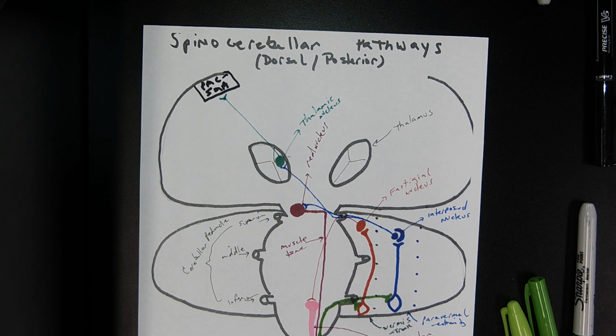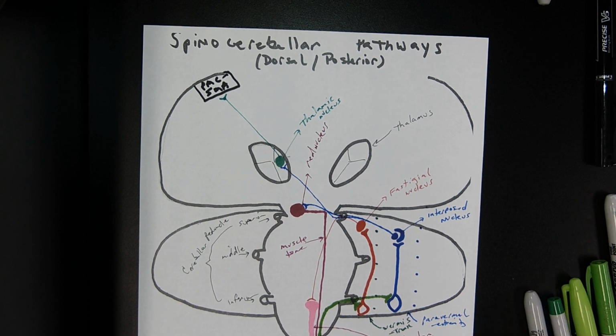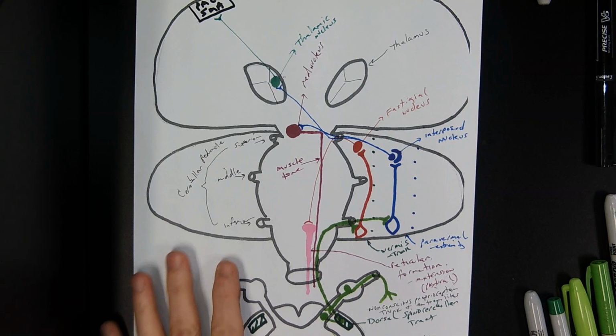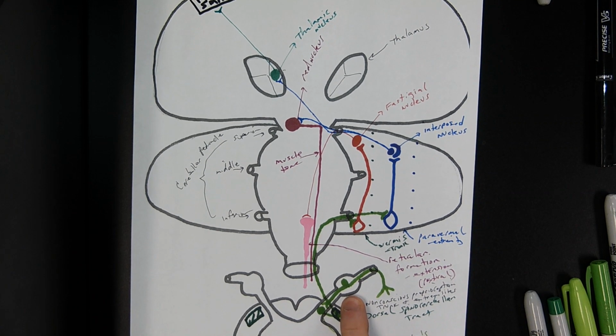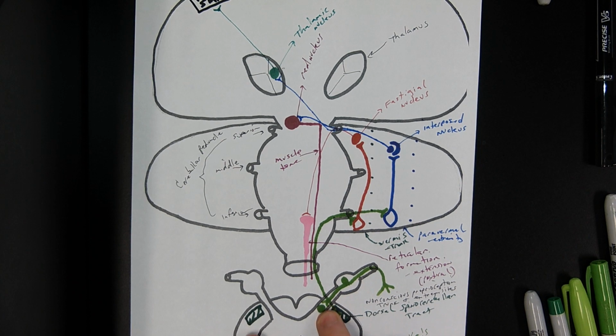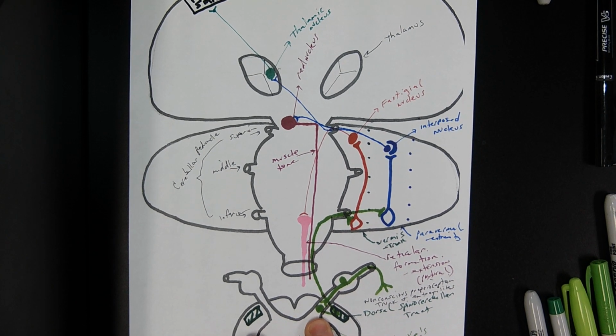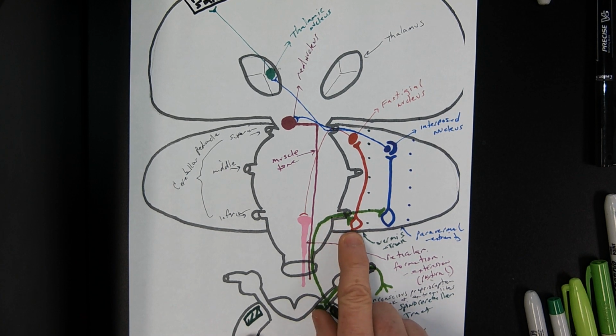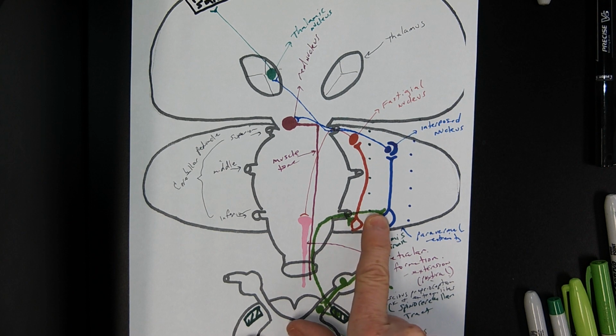That's the dorsal spinocerebellar pathway. Lots of information coming in here. So you have your sensory neuron, pseudounipolar neuron, comes in, synapses with Clark's nucleus. Stays ipsilateral, goes up the dorsal spinocerebellar tract. Information from trunk is coming to the vermis. Information from extremities is coming into the paravermal region.